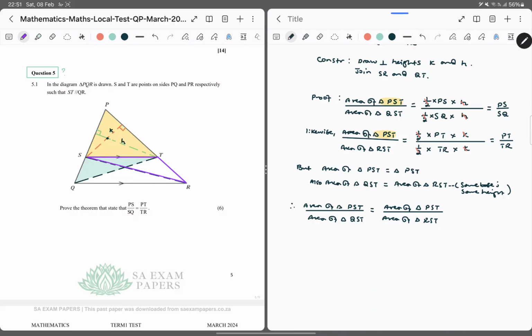Therefore, this is the situation. The final conclusion is that PS over SQ is equal to PT over TR. So the proof is done.